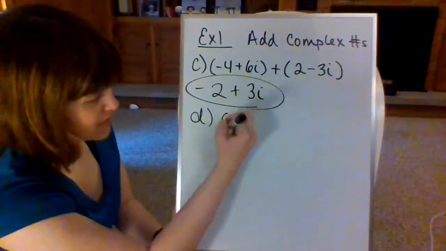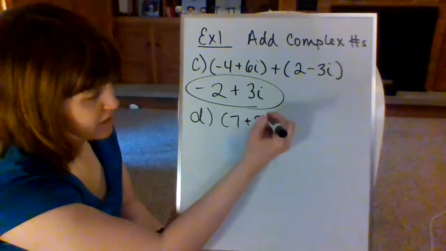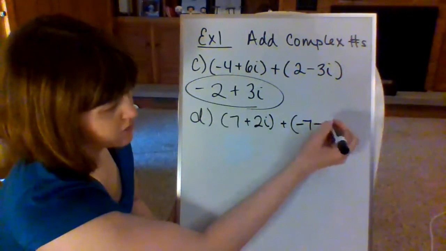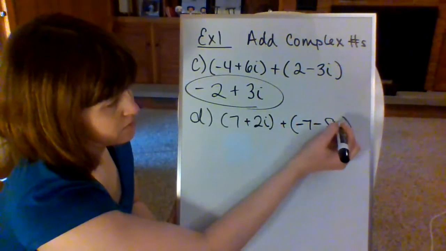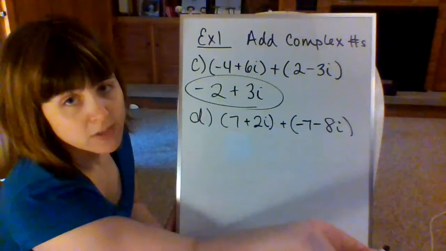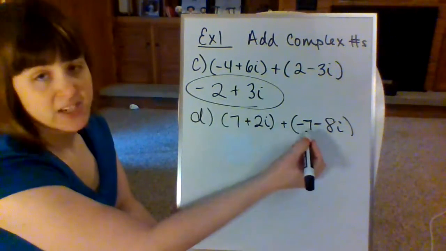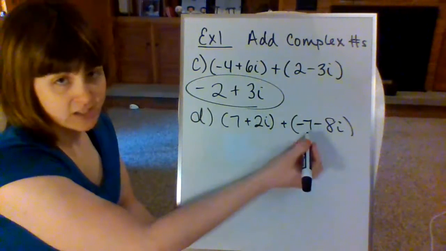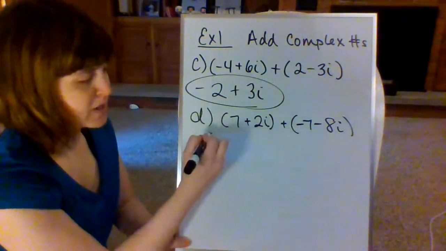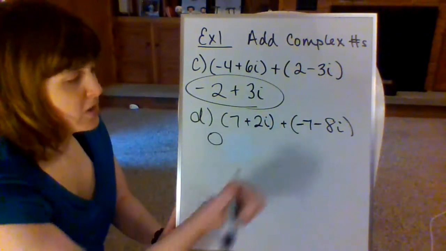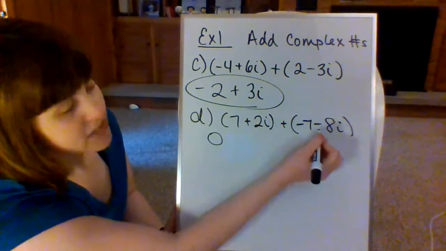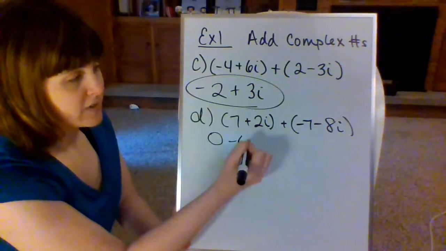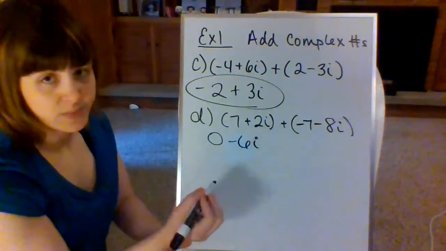Part D says 7 plus 2i plus negative 7 minus 8i. So here 7 plus negative 7, so 7 minus 7 is 0, right? So for now we can write that down, 0. 2i plus negative 8i is going to be negative 6i.